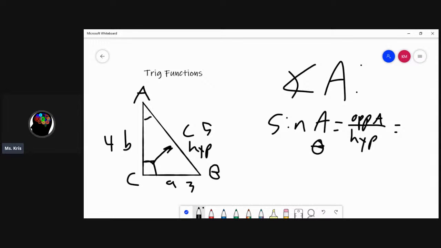So the opposite side length of A is the side A here at the bottom. So that means my sine A is A over C, which would be 3 over 5.